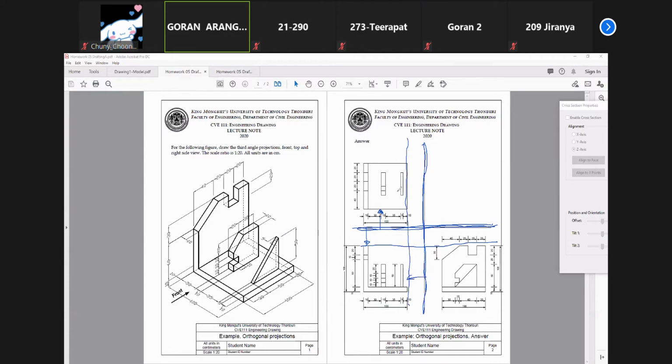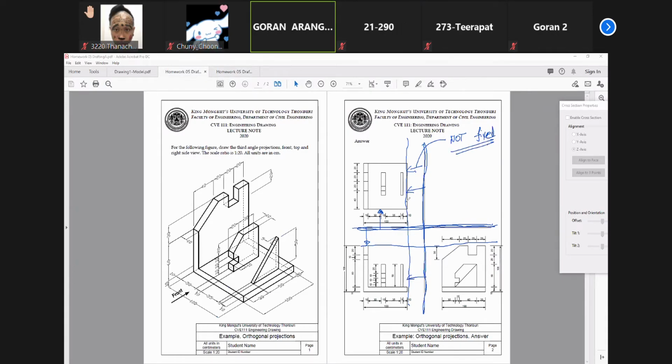So this is how you can start drawing from the folding line. This space is practically individual, so this is not fixed. So you can define as you like. However, you can have these folding lines in order that you can draw easier.